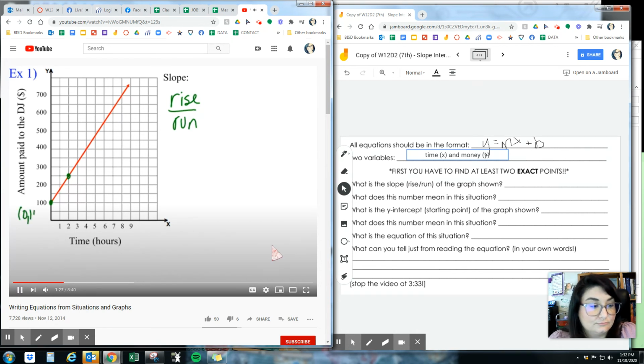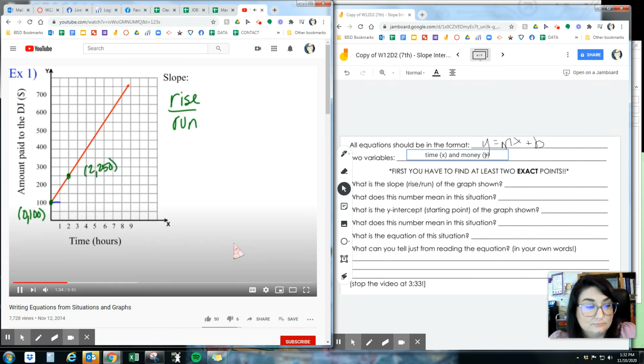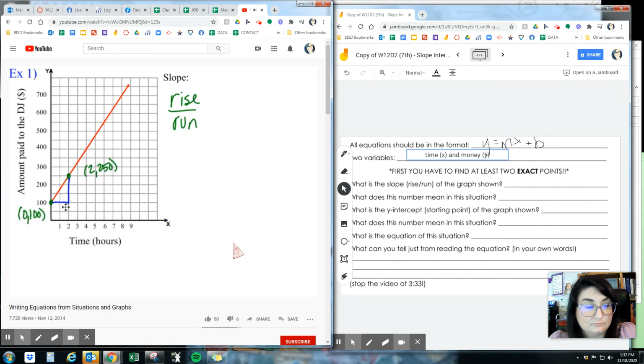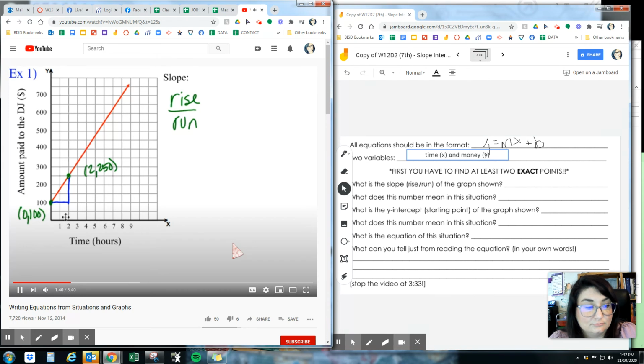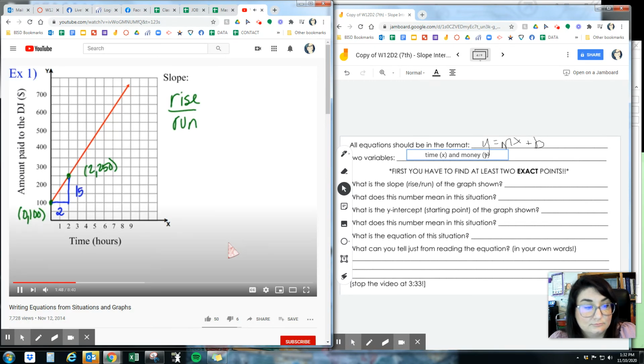This point being (0, 100), and this point here being (2, 250). Now, we can use the slope formula, or we can draw a triangle, which is a little bit faster. So we'll do that. We see that there are 2 boxes down here, and each box is worth 1, so that is worth 2. Now the rise, even though there are 3 boxes, each box is worth 50, so that translates to 150.